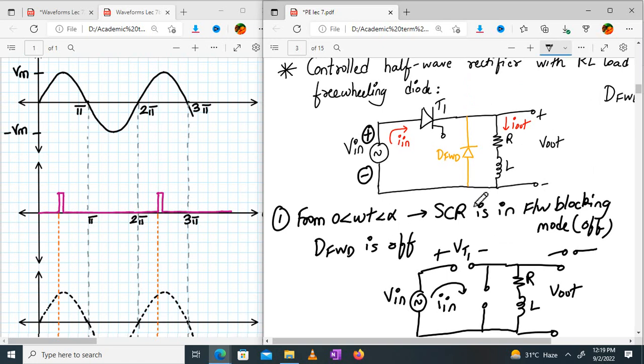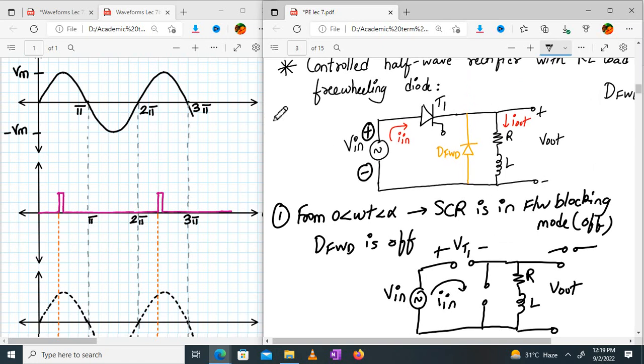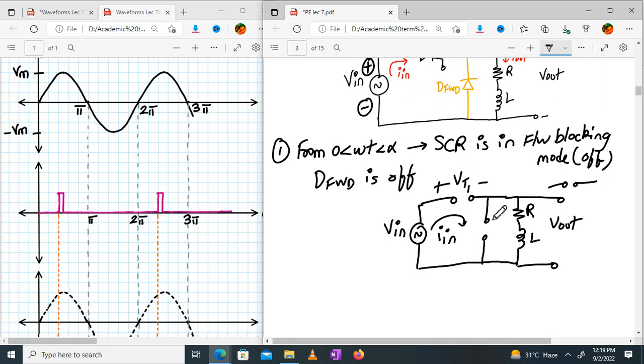VT1. Remember over here, by KVL, what can we write? V in is equal to VT1 plus V out, correct? By KVL, input is equal to voltage across the SCR plus output voltage. Now what will be my output voltage? First of all, I in will be equal to I out will be equal to 0.